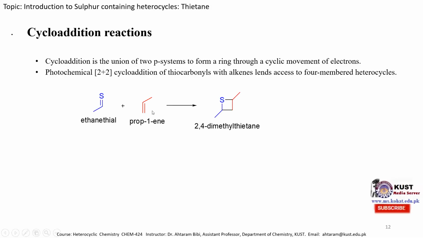So this is the simple alkene, propene molecule, and this is the ethane thial, the thiocarbonyl compound. And photochemically, it reacts to produce the Thietane molecule. And as it is substituted over here with a methyl, and this thiocarbonyl compound is also substituted here with a methyl group, we can obtain a substituted dimethyl Thietane molecule.